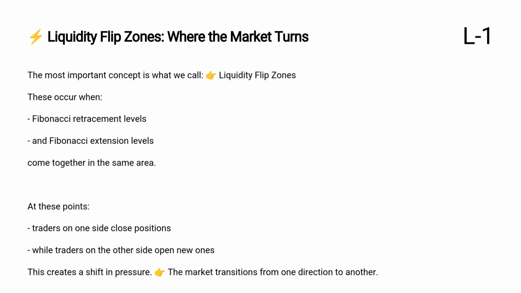When price hits these high confluence zones, market mechanics shift rapidly. Traders on one side of the market aggressively close their positions, while traders on the other side open brand new ones. This creates a massive shift in market pressure, causing the market to transition smoothly from one direction to another. These are your ultimate inflection points.